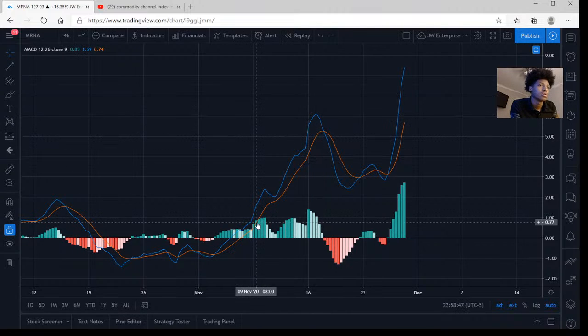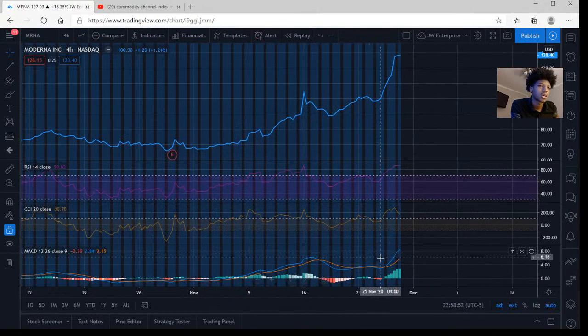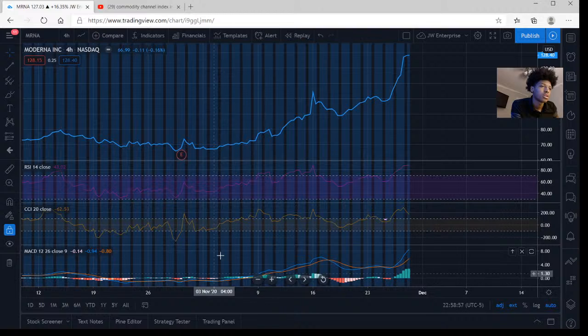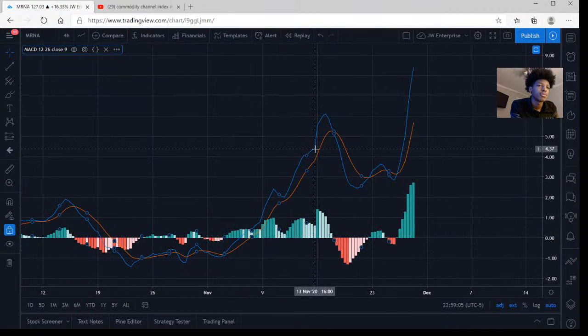When my 9-day moving average goes too high above my 12-day moving average, it has to cross back down. And when it crosses back down, it gives a downtrend signal right here.